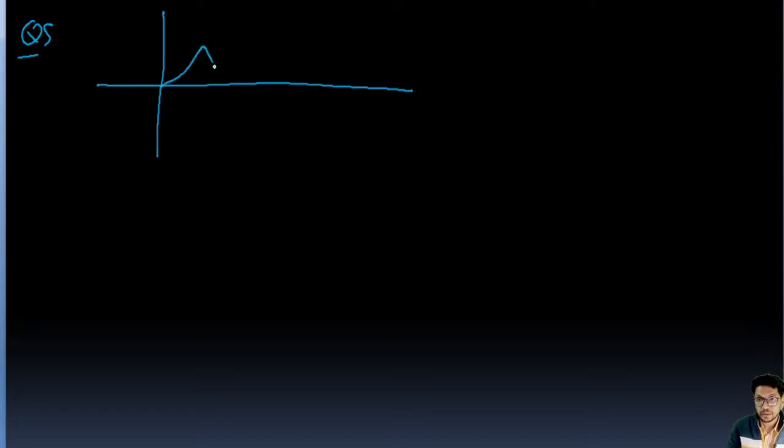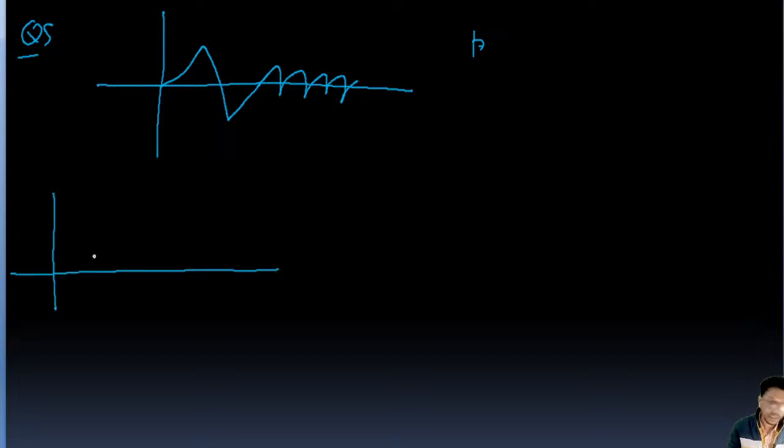Next, I'll just draw the graph. Like this question, suppose we have a graph like this, or this one. This may be a possible wave function, because this is continuous. But if we talk about this graph we have been given, it is not a wave function, because we can see clearly it is discontinuous.